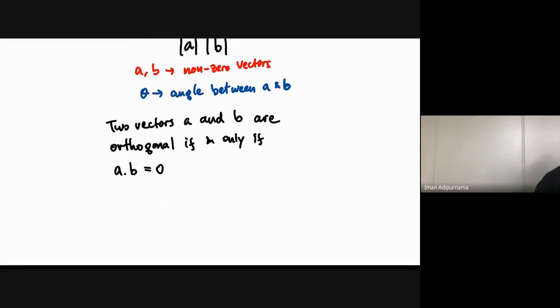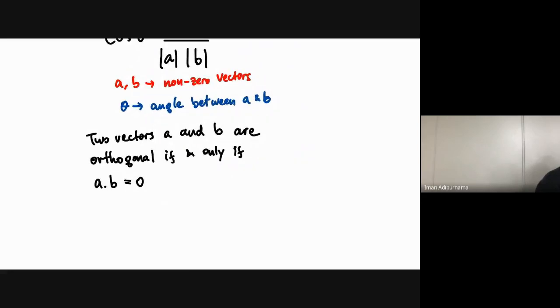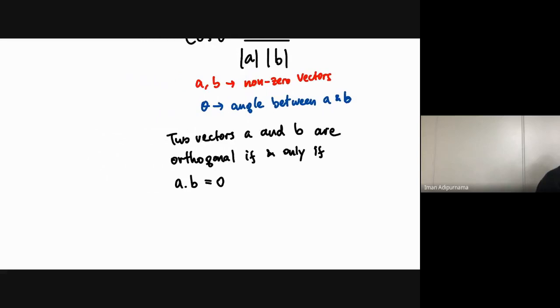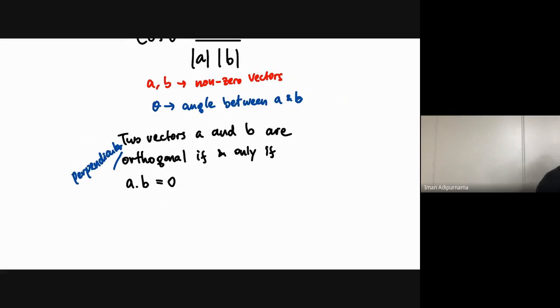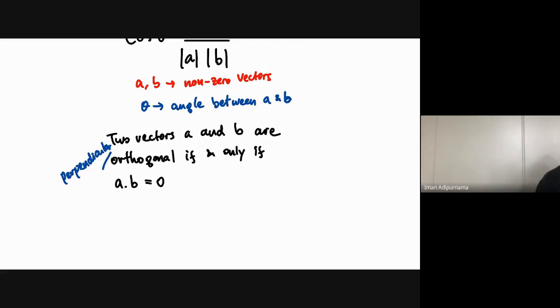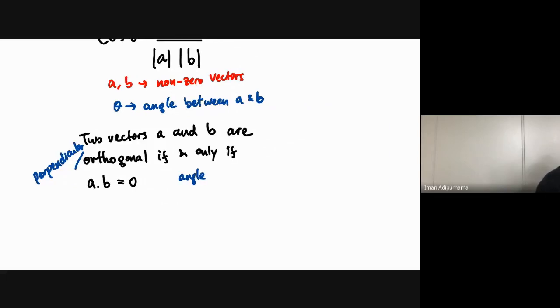Let me write the explanations here. Sometimes you can call orthogonal a perpendicular, same meaning. The angle between them is pi over 2. Okay.